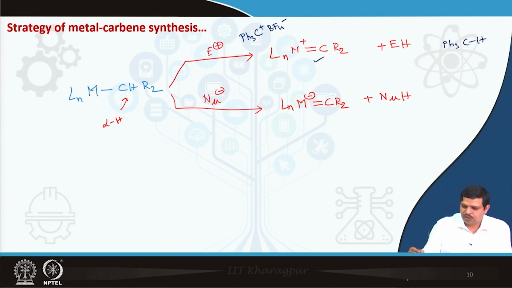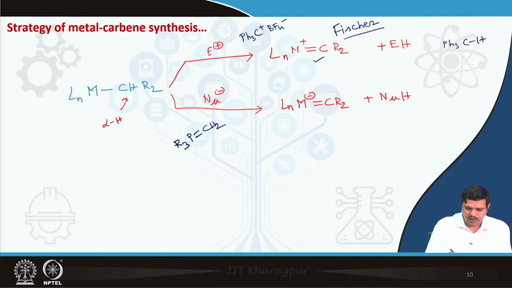So you see, generally you will get the Fischer type carbene complexes. Now, in the second case, where you are adding the nucleophile, what will happen here? As an example, a nucleophile you can take is a base like R3P double bond CH2.